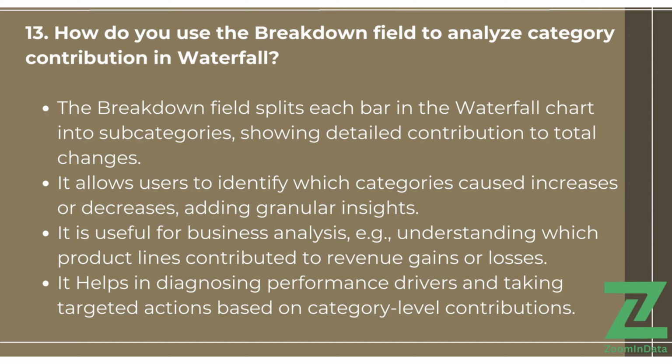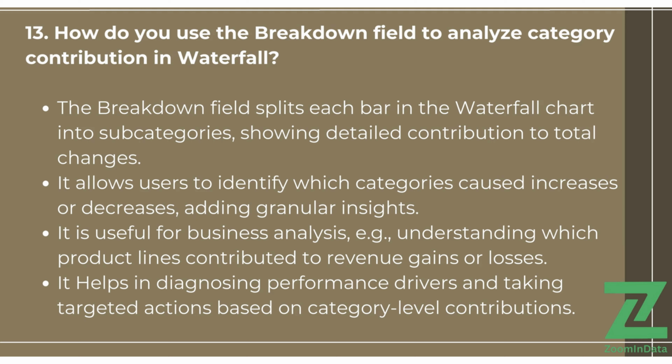13th question: how do you use the breakdown field to analyze category contribution in waterfall? The breakdown field splits each bar in the waterfall chart into subcategories, showing detailed contribution to total changes. It allows users to identify which categories caused increases or decreases, adding granular insights.